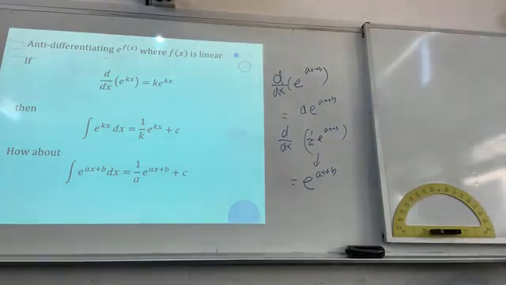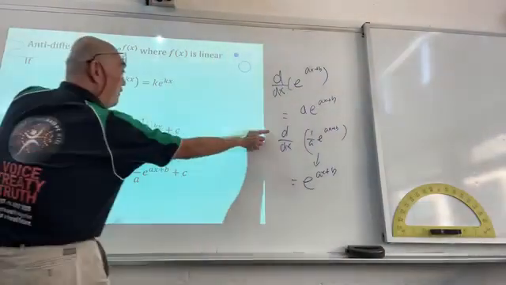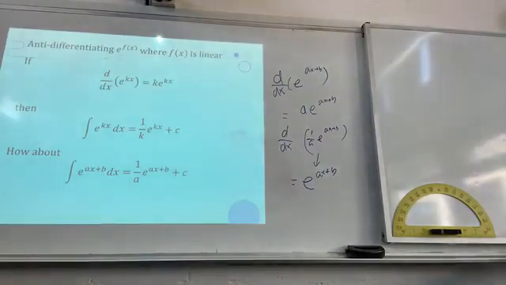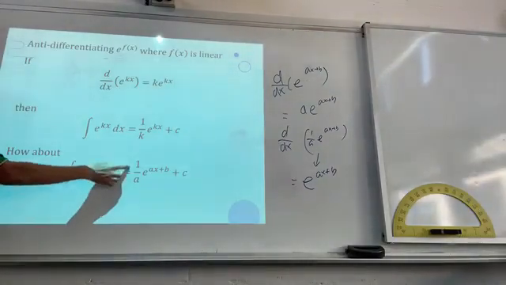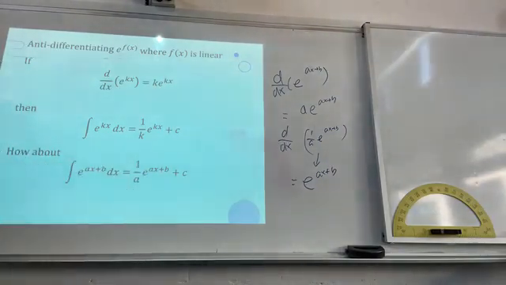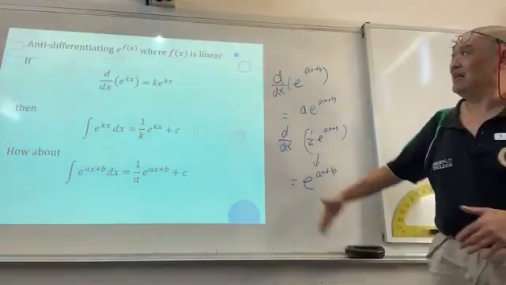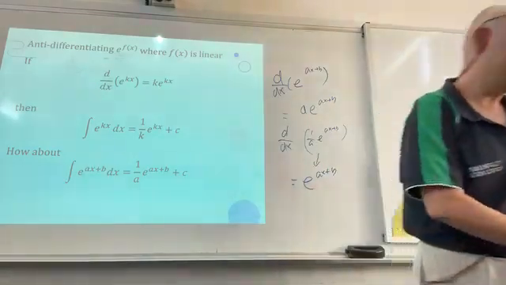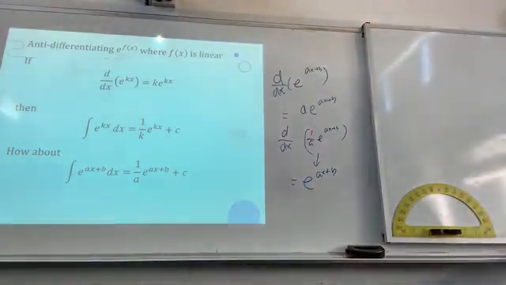That bit is important. I've proven to you, if I do d/dx, that is what happens. So when you integrate back, you need 1 over a, the coefficient of x. Now, that is anti-differentiating f(x) where f(x) is linear.